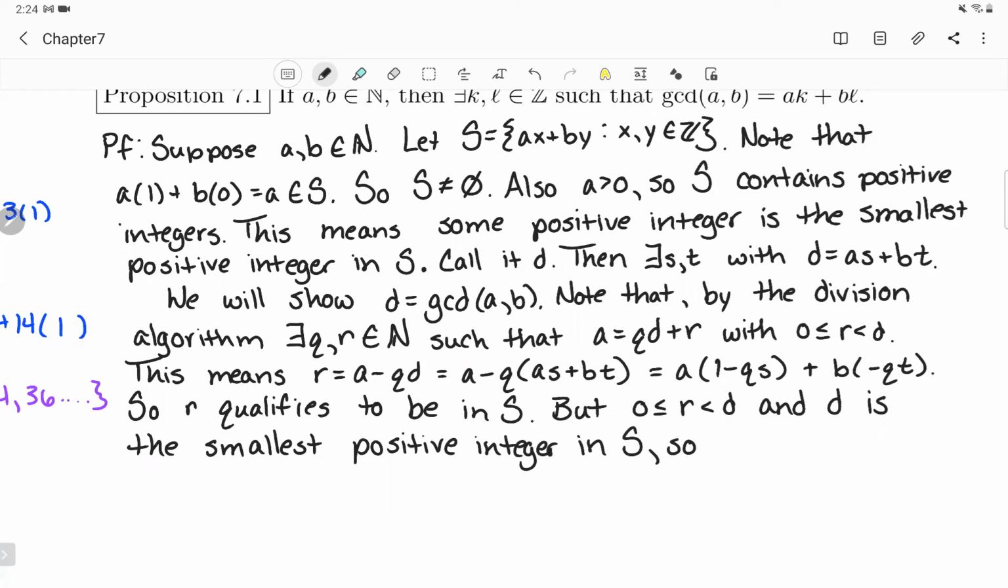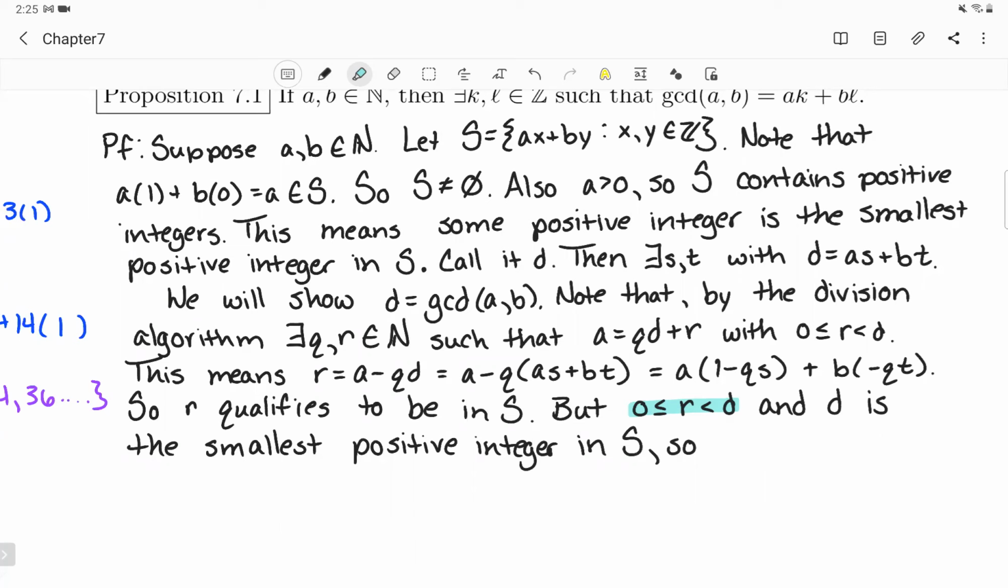So we're going to get a conclusion from that. All right, so R is in S. R is between 0 and D. But D is the smallest positive integer in S. What's that mean about R? R has to be 0, yeah, because it can't be one of those positive numbers in there, or it would be the smallest thing in S, okay?